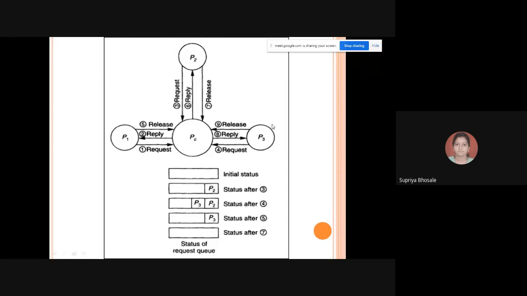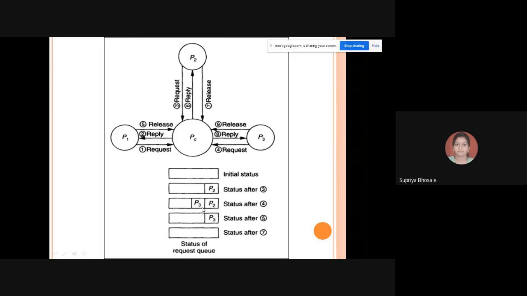These are the processes in the system. Also assume that the requests are granted on the basis of first come first serve. So for this order the PC coordinator will maintain a request queue over here.